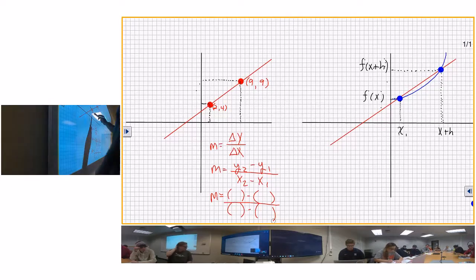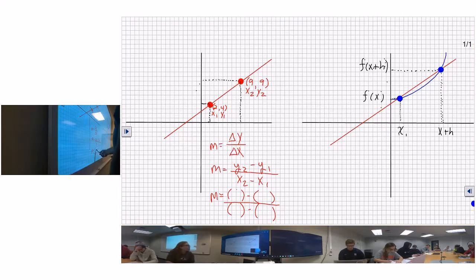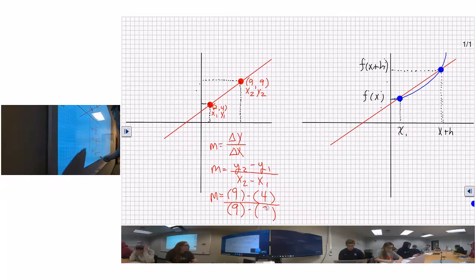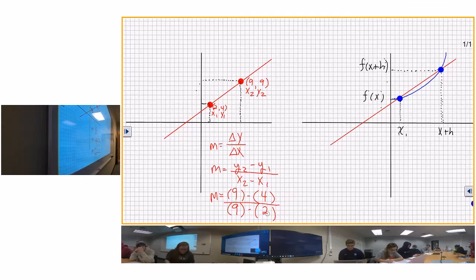So this is x sub 1, this is y sub 1, this is x sub 2, this is y sub 2. So what goes in the first set of parentheses? 9 minus 4 over 9 minus 2. So 9 minus 4 is what? 5 over 7.